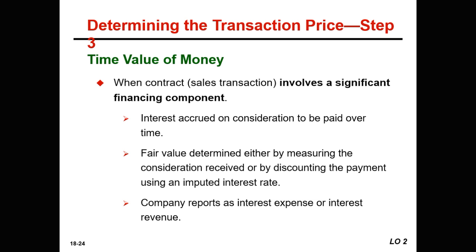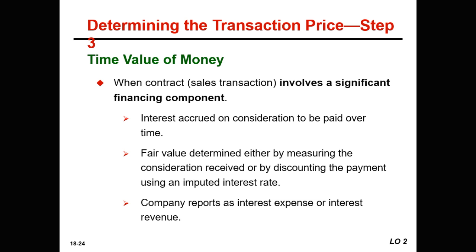The imputed interest rate is whichever is more clearly determinable of either the prevailing rate for a similar instrument of an issuer with a similar credit rating, or a rate of interest that discounts the nominal amount of the instrument to the current sales price of the goods or service. Interest is accrued on the consideration to be paid over time, and the company reports it as interest expense or interest revenue.